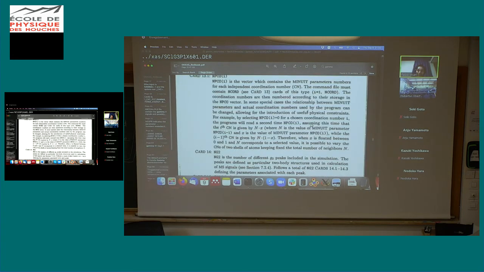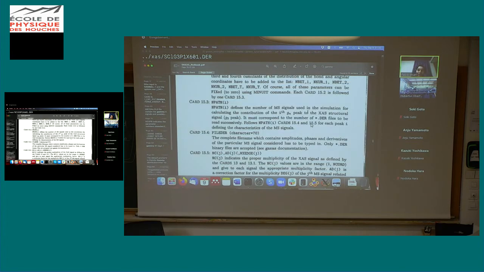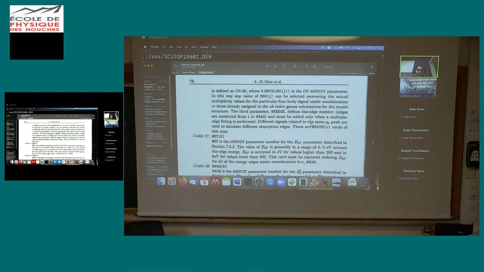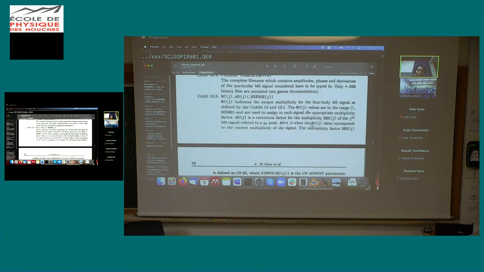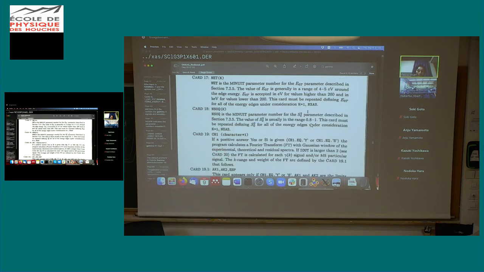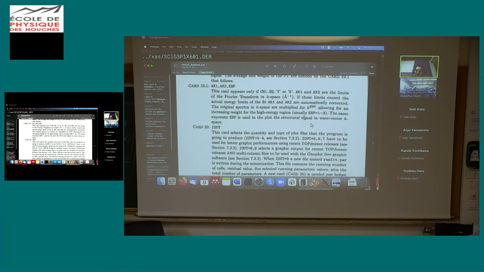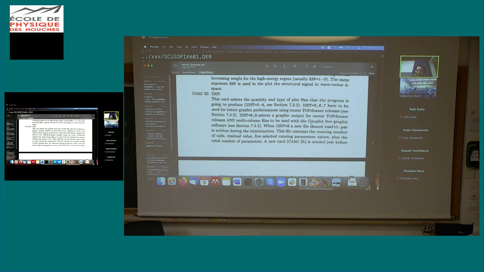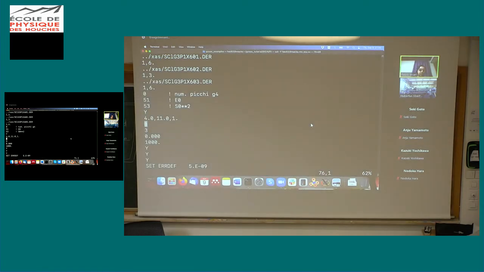This is because there are various levels of output files that can be created. If you put 5, 6, 7, it gives graphical performances of top drawer, and 8, 9 create output files for new plot. So yeah, here put 8.